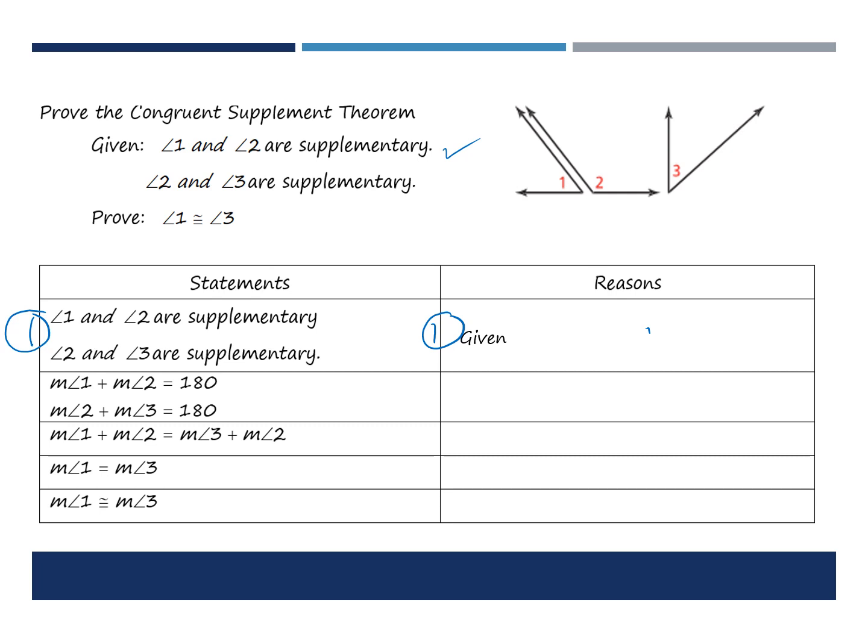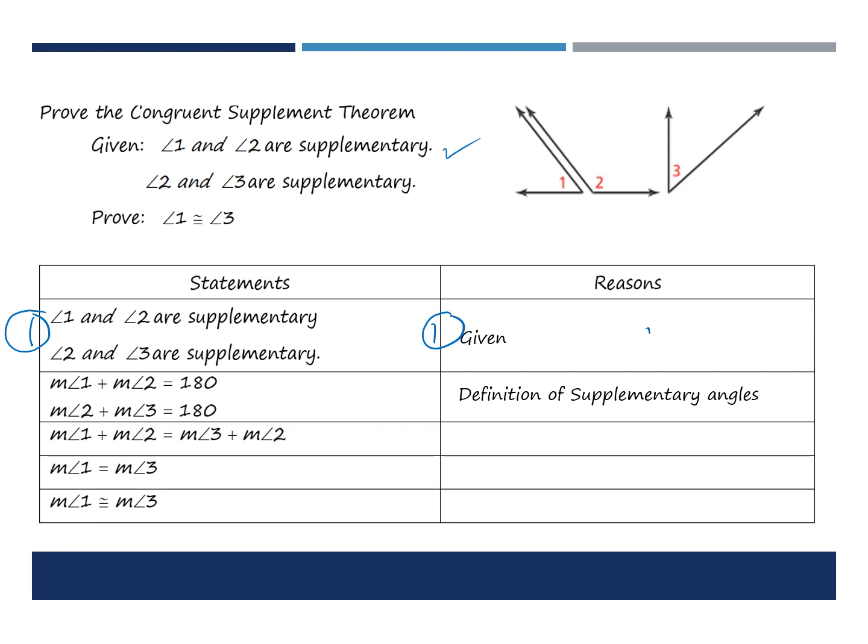So what follows after that is there's not much more we can do with supplementary, but we know that 2 angles that are supplementary add to 180. So that's the next logical step to get where I want to go, and that is by definition of supplementary angles. This tells us that if 2 angles are supplementary, then their measure is 180.